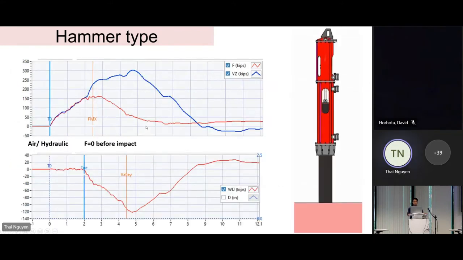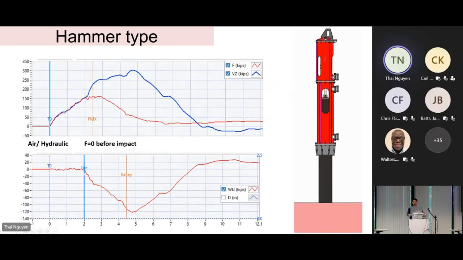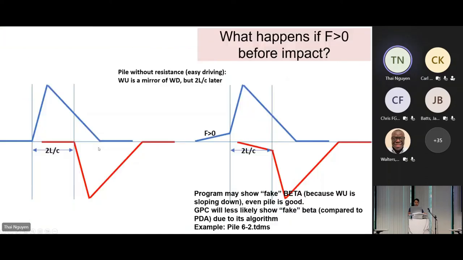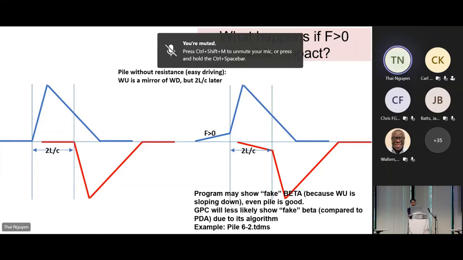Now, for an air or hydraulic hammer or drop hammer, the force would be zero prior to impact. So that will affect some of the evaluation of the record. What happens if F is more than zero before impact?